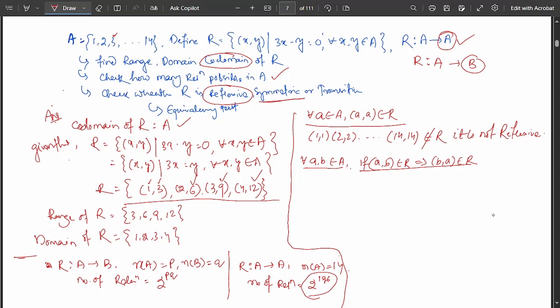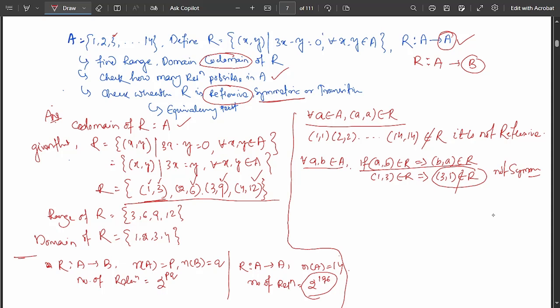But here we check for (1, 3). (1, 3) belongs to R, but (3, 1) does not belong to R, so it is not symmetric. For (2, 6), (6, 2) is not there. For (3, 9), (9, 3) is not here. For (4, 12), (12, 4) is not here, so it is not symmetric.